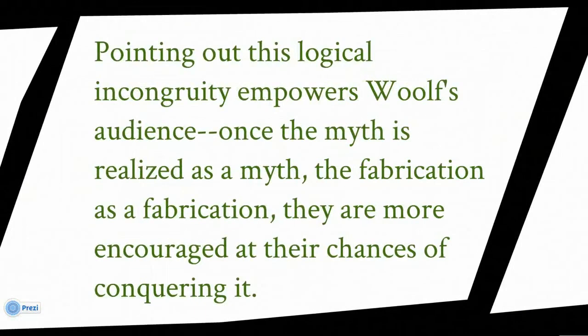Interesting. What's the strategy there? Well, in pointing out this logical incongruity, the irony here, this is actually working to empower Woolf's audience. Once the myth is realized as a myth and the fabrication realized as a fabrication, the audience are more encouraged at their chances of conquering this. Once her listeners realize that the angel is not real, but just something put in place by society, they're going to be more encouraged to actually fight against it, even though it's terribly difficult to fight an ideal.